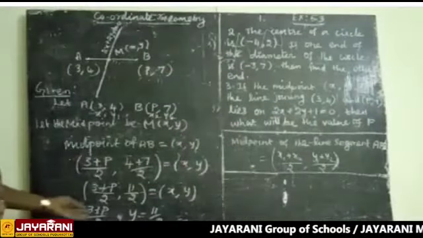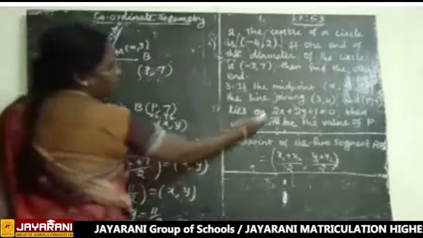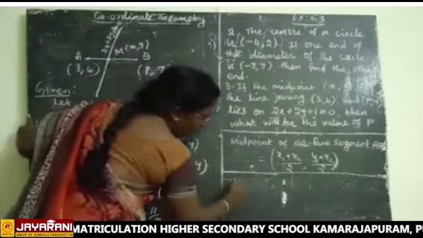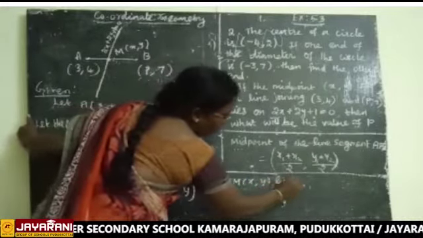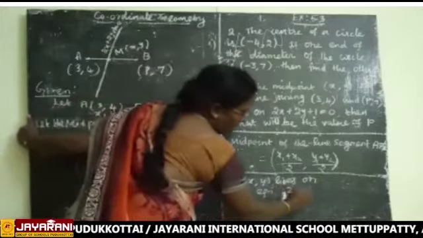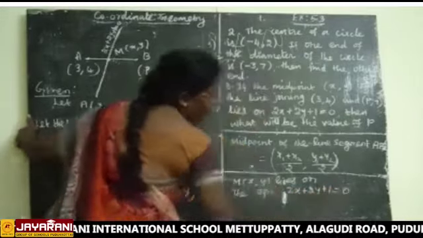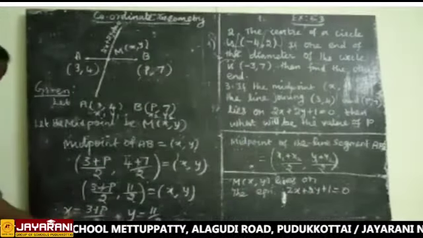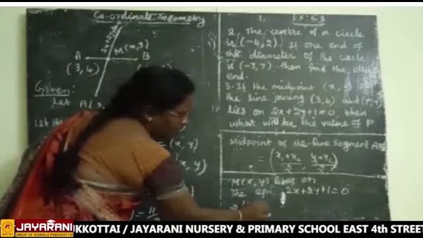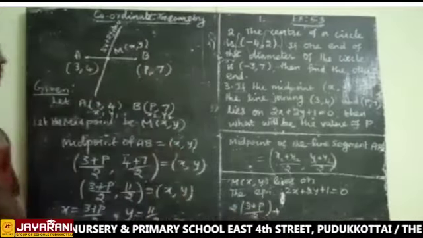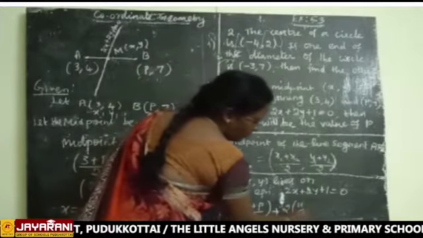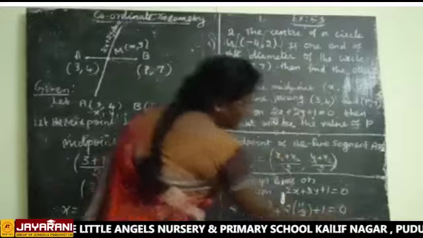So substituting these two values in the equation 2x plus 3y plus 1 equals 0: instead of x, we substitute (3 plus p) by 2. 2 into (3 plus p) by 2 plus 2 into y, where y is 11 by 2, 2 into 11 by 2, plus 1 equals 0.